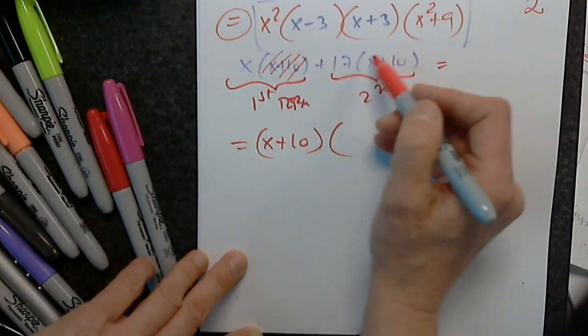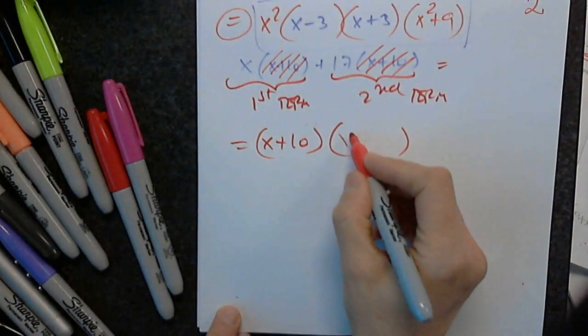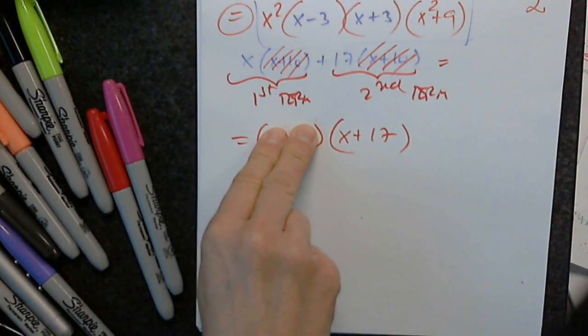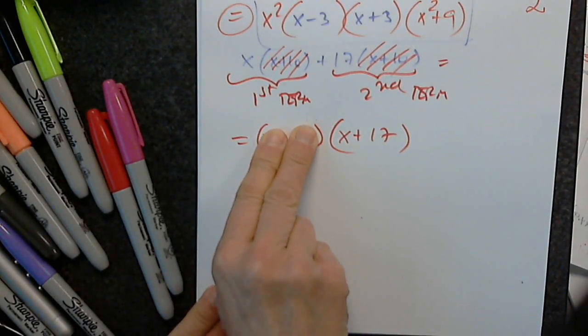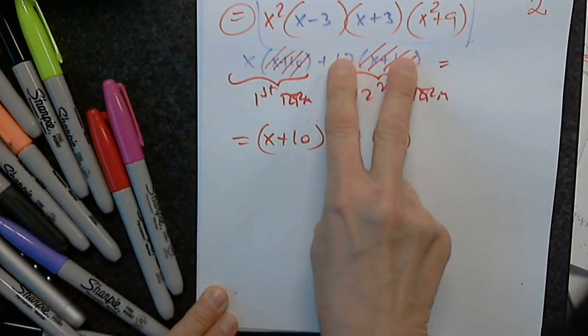It's out. I pulled it out. What is left from the first term? Because remember, I have two terms. If I want to check, I will redistribute this factor to x, and I get this. I will redistribute this factor to 17, and I will get this.